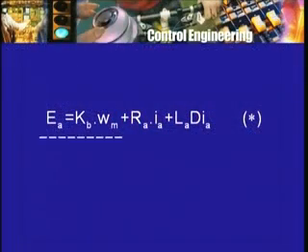Instead of writing this t on both the sides, we could write this as an equation as follows: EA equal to KB into omega m plus RA into IA plus LA into DIA.